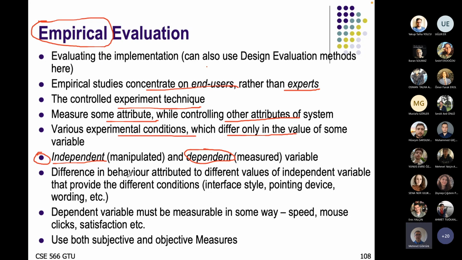Difference in behavior attributed to different values of independent variable provides different conditions such as interface style, pointing device, and wording. If the independent variable is selecting between two formats, I mean, is this better or the other?